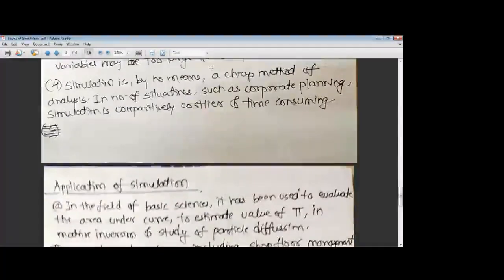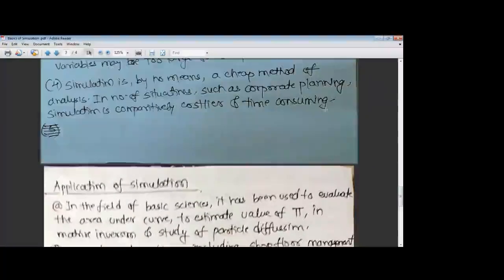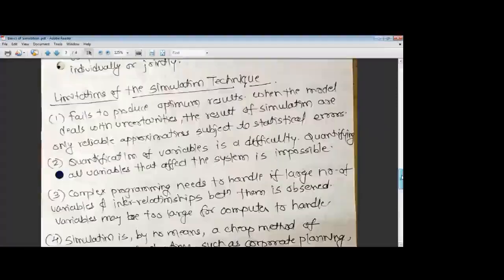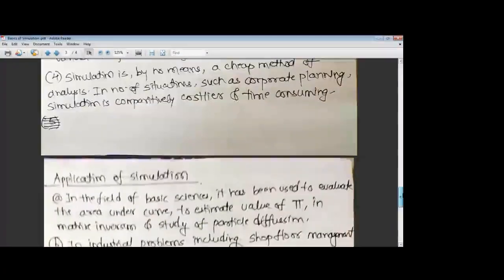In some examples we were happy to say that simulation is a cheap method, but in many situations, such as corporate planning, simulation is comparatively costlier and time consuming. In many cases it can be expensive, and it may consume time, and again time is a resource. So these are the limitations of your simulation technique.